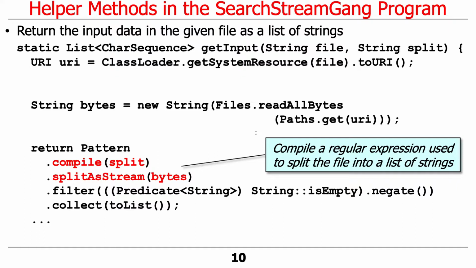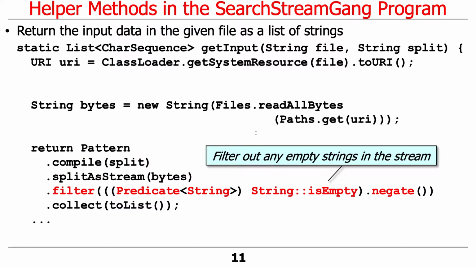So as a result, what I'll end up with is a stream of strings, or char sequences, where each string is going to correspond to one work of Shakespeare, splitting using the regular expression. So I think that's pretty cool. Really simple to do. Didn't require a lot of extra processing. So I split it all up into a stream. If for some reason there were empty works of Shakespeare, which there aren't, but if there were, this little filter will get rid of stuff that is empty.